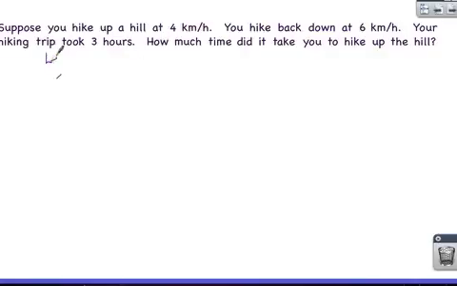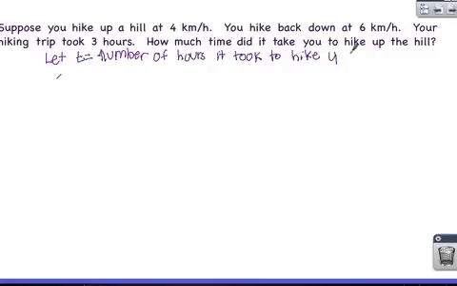So we're going to let T equal the number of hours it took to hike up the hill. Then, since it took 3 total hours and it took T hours to get up the hill, we know that it took 3 minus T hours to go back down the hill.